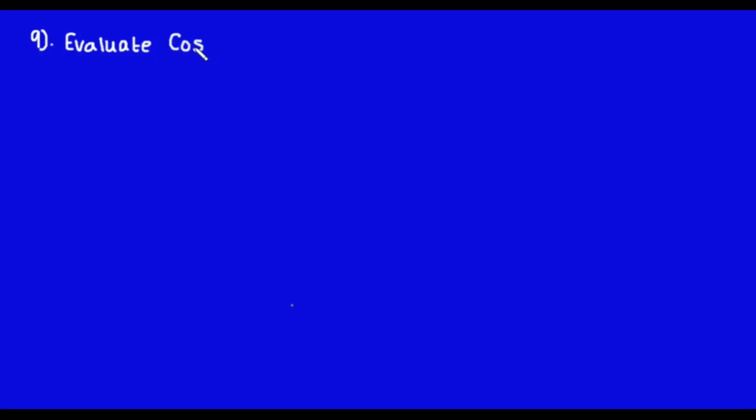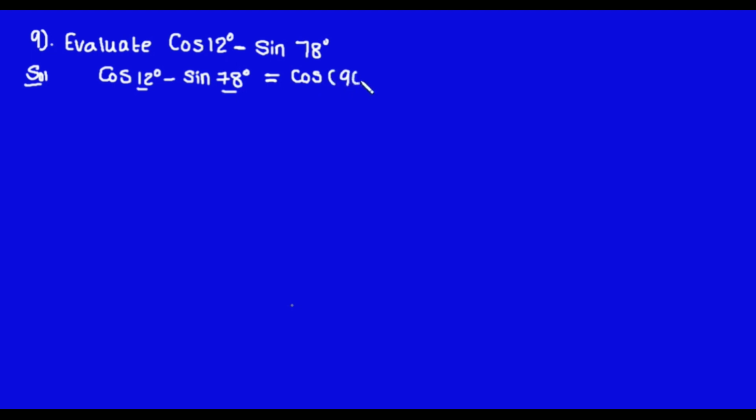Problem number 9. Evaluate cos 12 degrees minus sin 78 degrees. By observing the given problem, we find that the sum of given angles is 90 degrees. So cos 12 degrees minus sin 78 degrees is equal to cos of 90 minus 78 degrees, because 12 degrees is equal to 90 minus 78, minus sin 78 degrees.